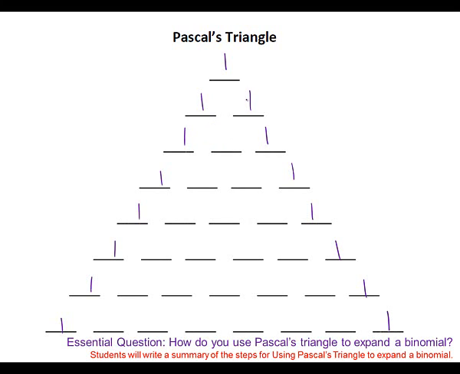Beyond the first two rows, the way we create the triangle, see how these two numbers are over the top of this one in the middle? To create it, you add these two numbers together. So what's 1 plus 1? 2. Perfect. And then 1 plus 2 is 3, and 2 plus 1 is 3. So that creates the middle.